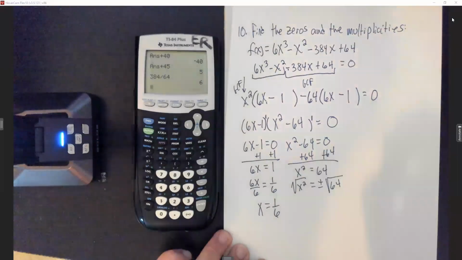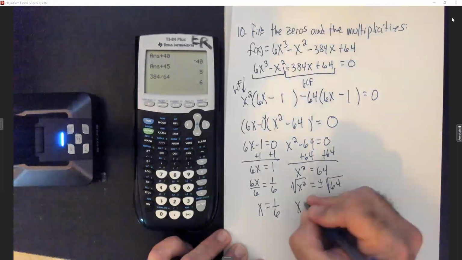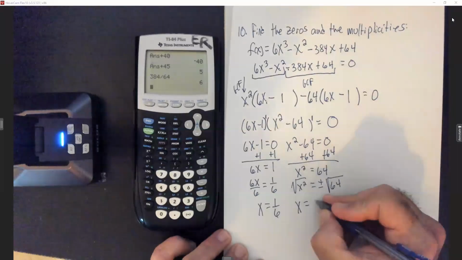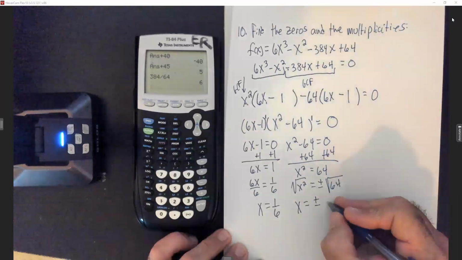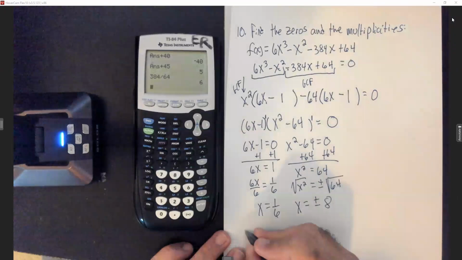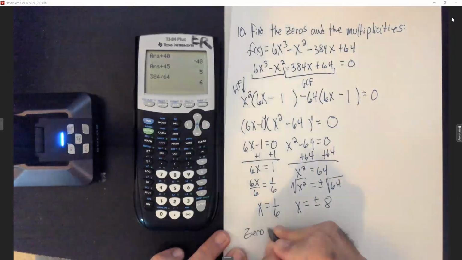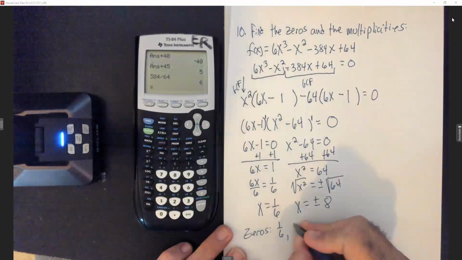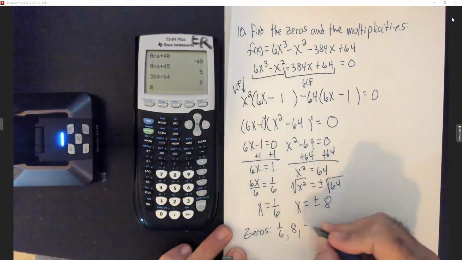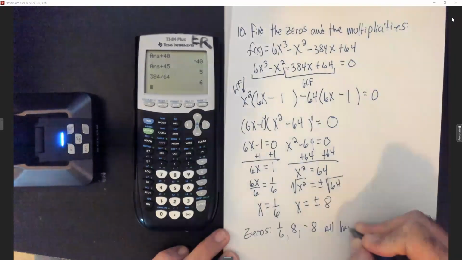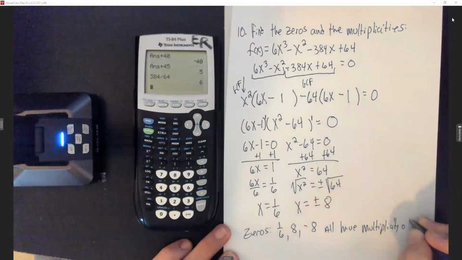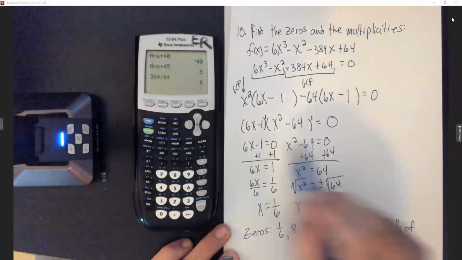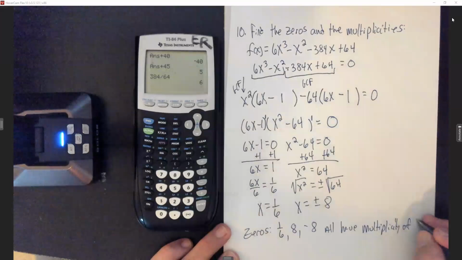Square root of x squared is x, and the square root of 64 is 8. So my zeros are going to be 1/6, 8, and negative 8, and all have multiplicity of... And what were our exponents up here? We said those were ones. So all these have a multiplicity of 1.